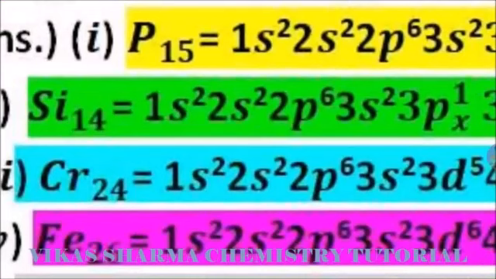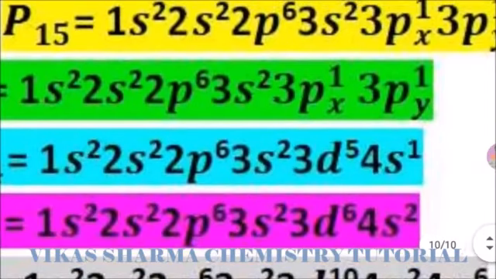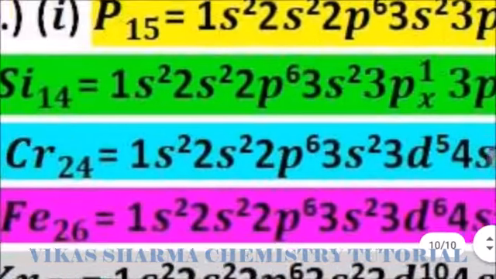In the third case, chromium, 24 is the atomic number, and the configuration is 1s2, 2s2, 2p6, 3s2, 3d5 and 4s1. Here the electrons are in a stable condition. For example, d has the maximum capacity of holding 10 electrons, with 5 orbitals. So chromium is an exception case.